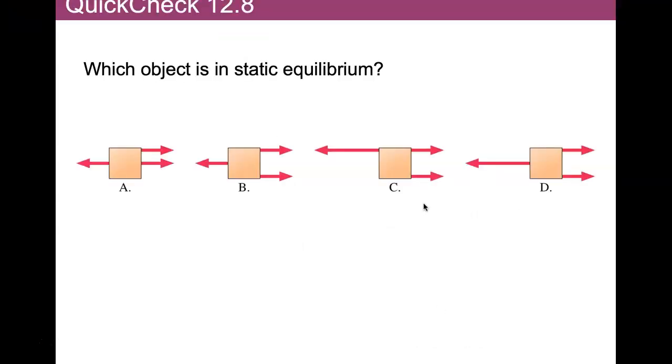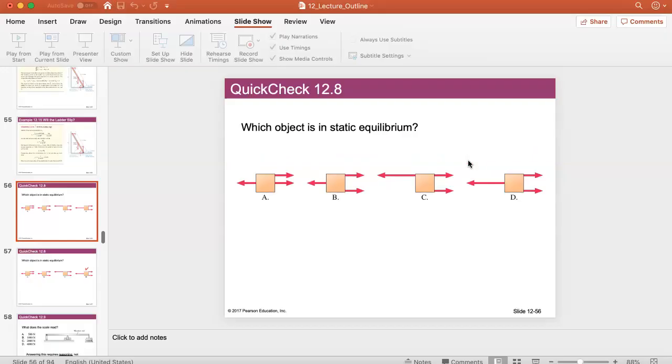So let's see why D works. Again, the net force is 0, right? You have F plus F from left to right, and you have 2F from right to left, so the net force is 0. Let's examine D in a bit more detail here.